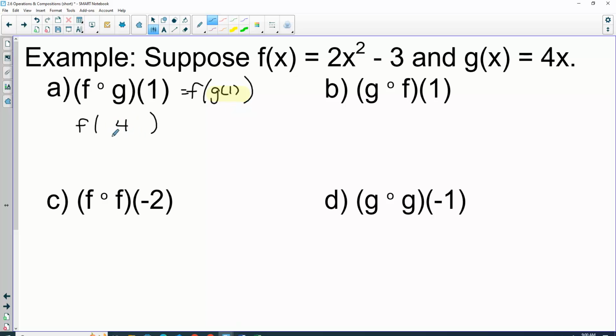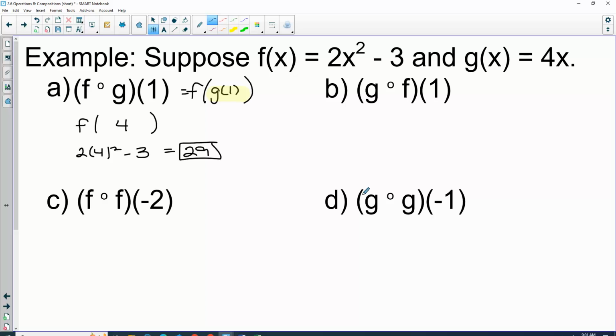So that g of 1 just becomes a 4. Now I'm going to put 4 into f. So 2 times 4 squared minus 3 gives me 16 times 2 is 32 minus 3, 29.